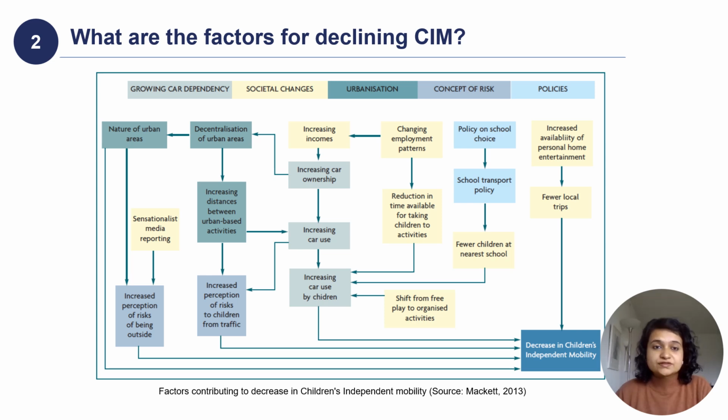Changing concept of risk. And 5. Evolving unsupportive policies of school transport and school choices. Together, they all are contributing to the worldwide decline in children's independent mobility. But we wonder, why does an adult-free movement of children matter? Let's understand in the next slide.